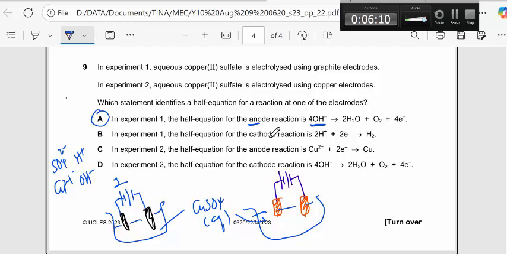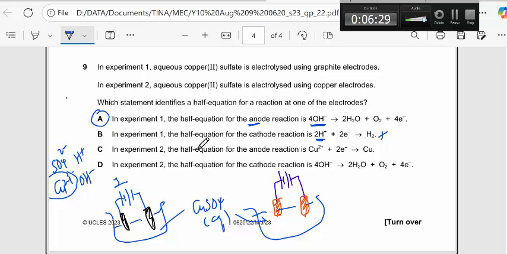Cathode in experiment two, do you choose hydrogen? No. Cathode for experiment one and experiment two, both you choose copper. Remember? Copper is a transition metal, so that's why no.